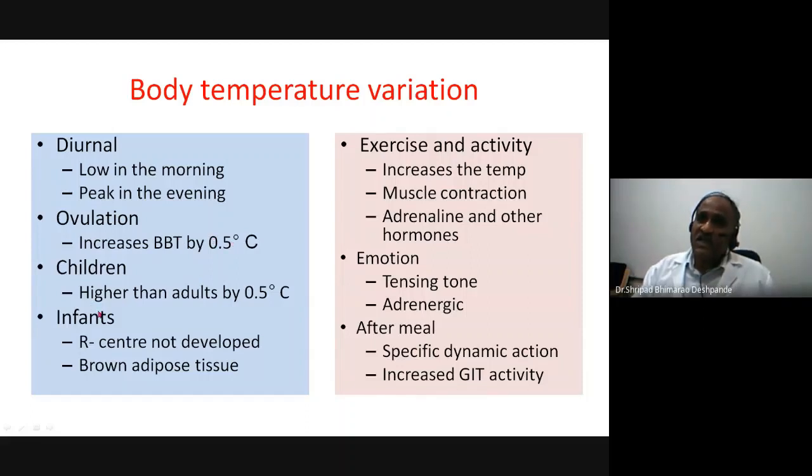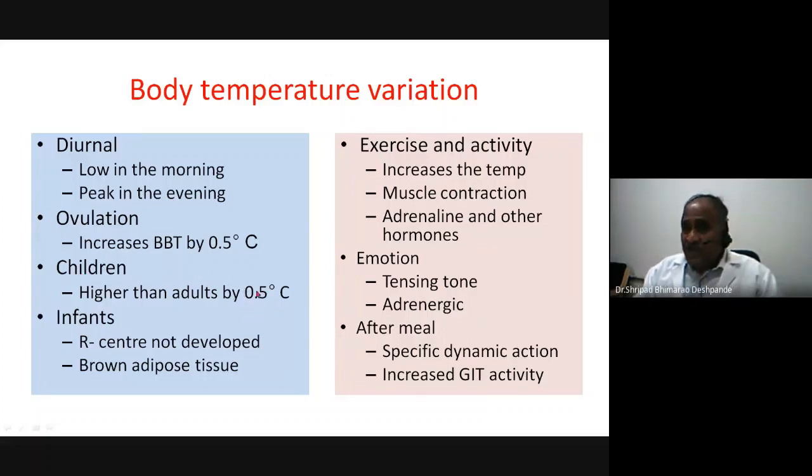Now in children, the temperature is higher than in adults, maybe by 0.5 degrees. So when we are talking about fever, suppose a child has 37.9 or 38 degrees Celsius, maybe he is normal.